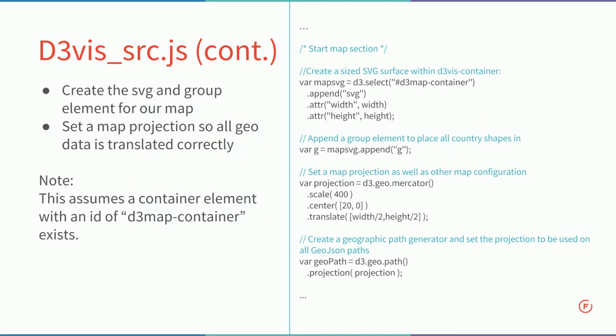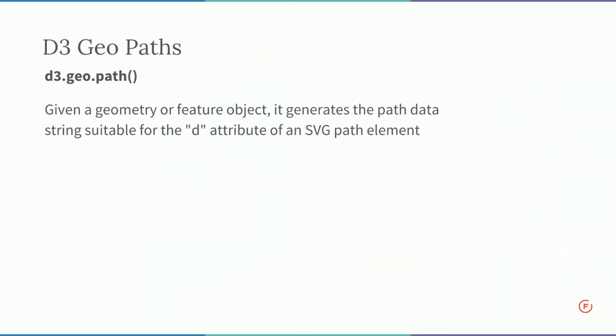And what this function does is it allows us to take that GeoJSON data and output it into the path SVG element that we looked at already. It does the magic to make sure that translates correctly, and you don't have to worry about how to convert a GeoJSON shape into something that will export correctly into an SVG element.